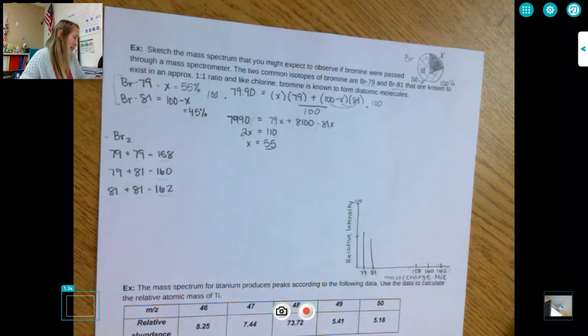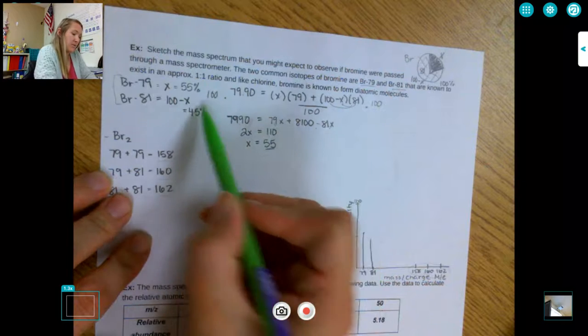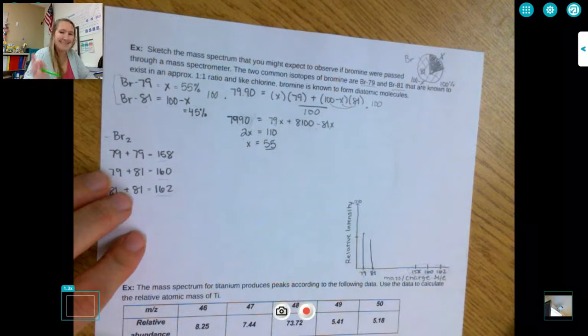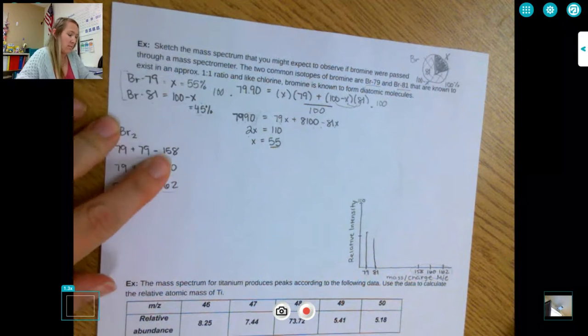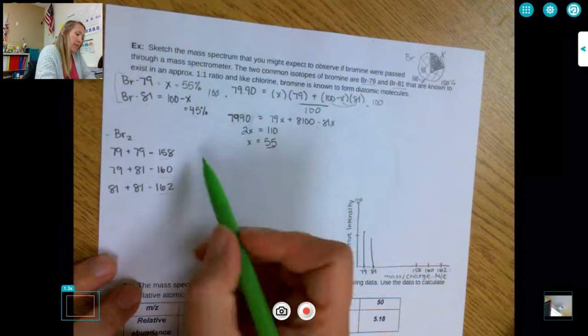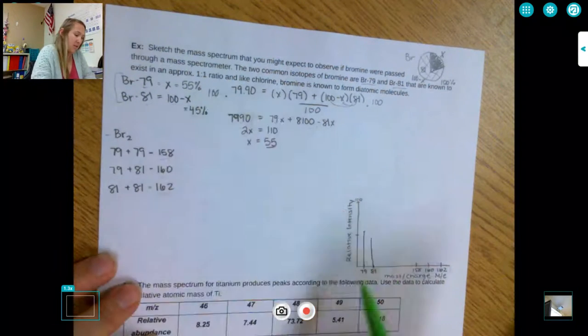Now that I know the percent abundances of each of my individual isotopes, I can estimate a little bit as to what my isotope differentiation would be for relative intensity for my diatomics. I know that my 79 isotope is the most abundant, at 55%.